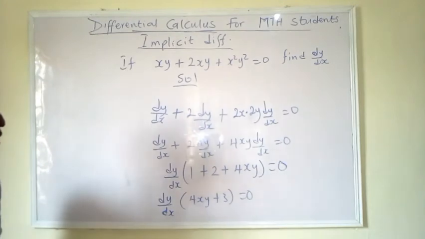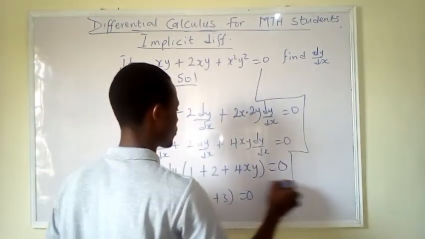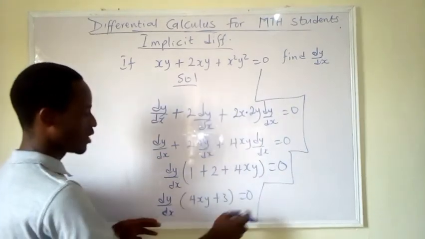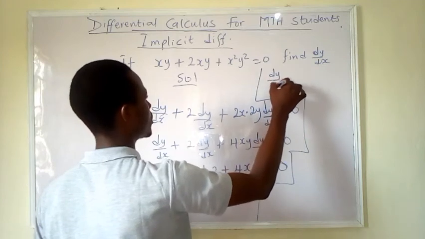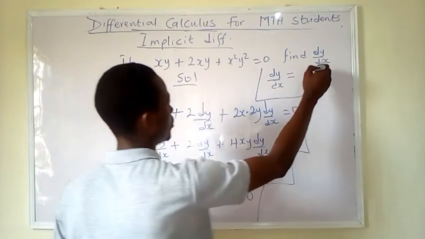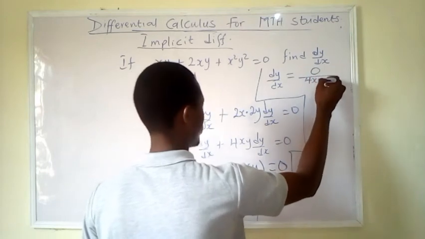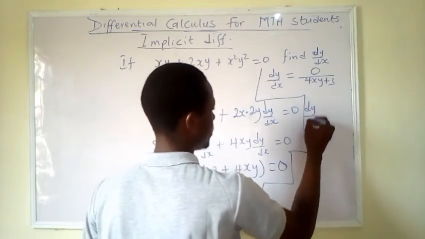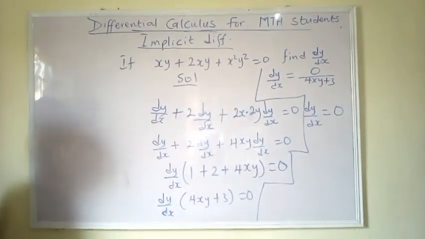So that implies my dy/dx is going to be equal to 0, because if I divide all through like this, dy/dx would be equal to 0 all over 4xy plus 3. So dy/dx in this particular question is going to be 0.